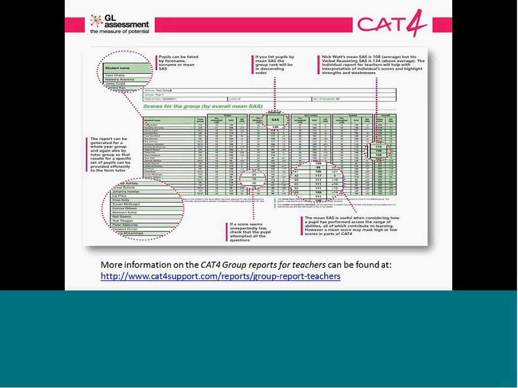I would argue that beyond the mean, the average, is where the detail lies. What do averages do? They smooth data. So where we might have spiky data in strengths in verbal or quantitative, or even in the new area of spatial, it's actually smoothed out when you look at an average.